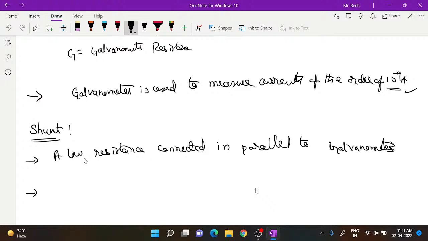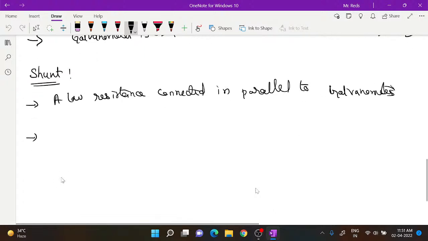To understand this, let us see the circuit representation. For example, if you have a galvanometer with galvanometer resistance G, and you connect a small resistance in parallel, this is called a shunt resistance.